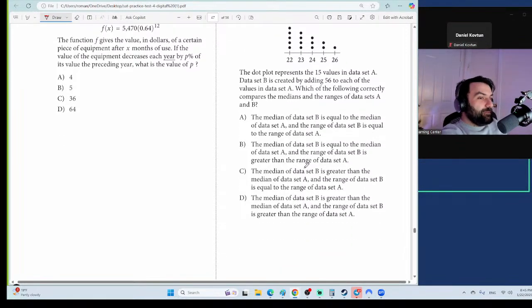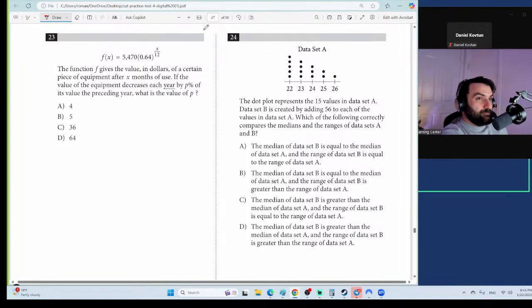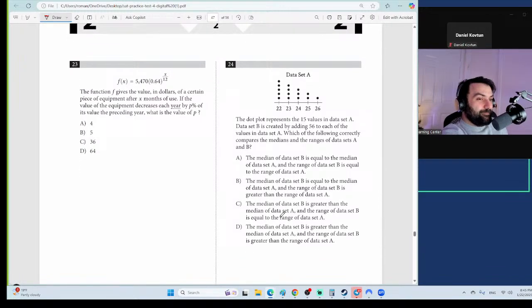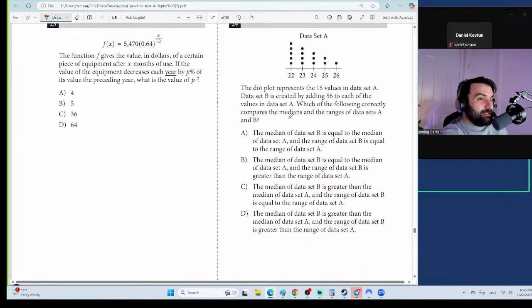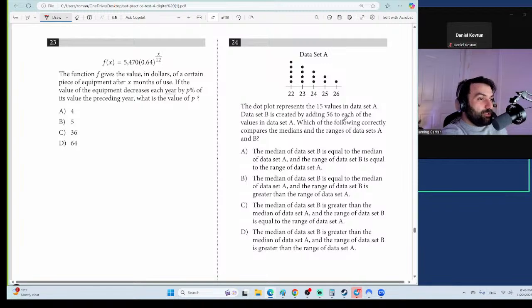Okay. Mean, median, data distribution question. The dot plot represents the 15 values in the data set A. Data set B is created by adding 56 to each of the values in the data set A. Okay.